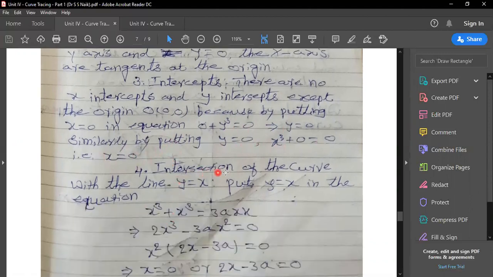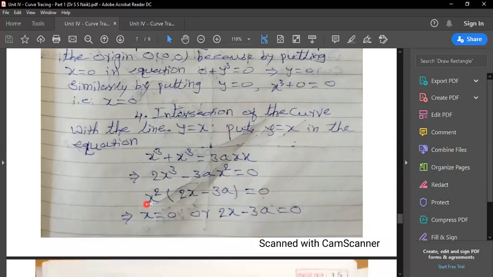Then the intersection of the curve with the line y is equal to x. Put y is equal to x in the given equation. Then we get x cube plus x cube is equal to 3ax into x. That is 2x cube minus 3ax square is equal to 0, implying x square into bracket 2x minus 3a is equal to 0.